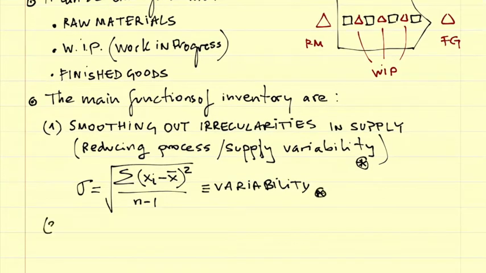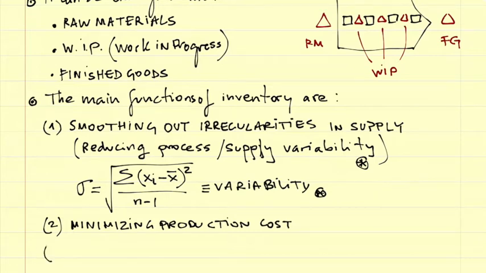The second utility of inventory is minimizing cost through the lot size.